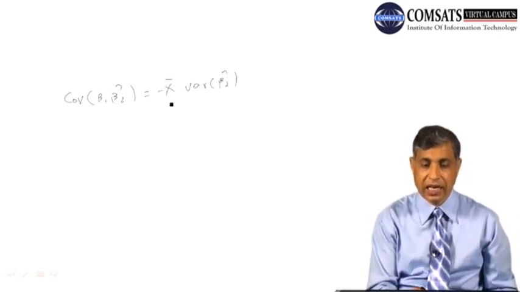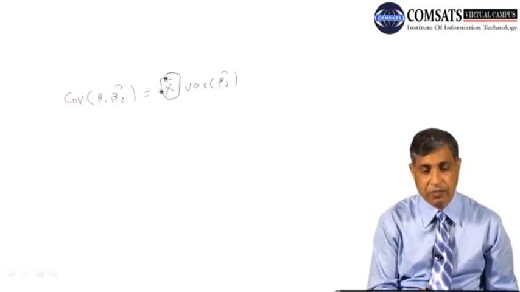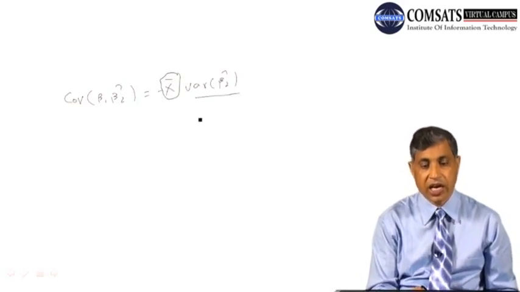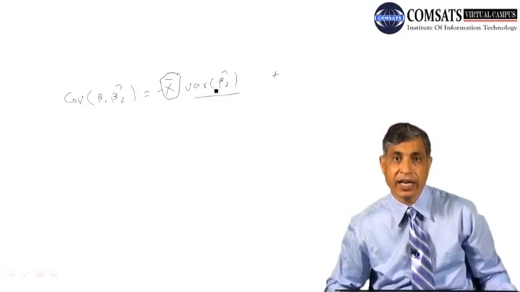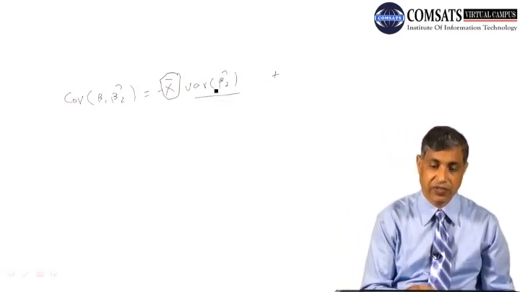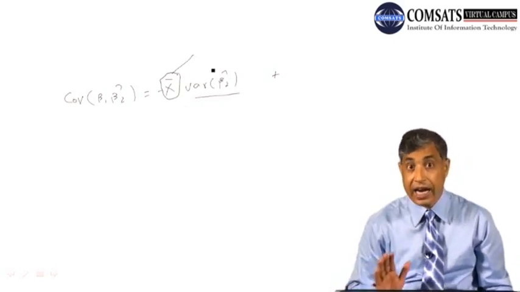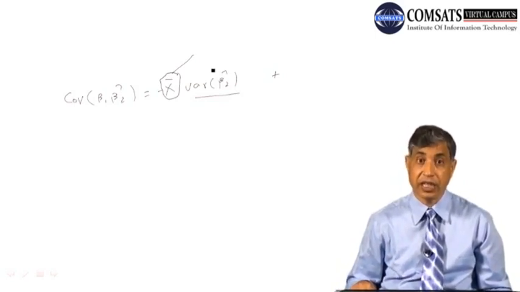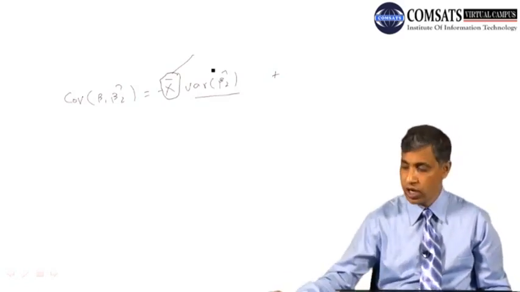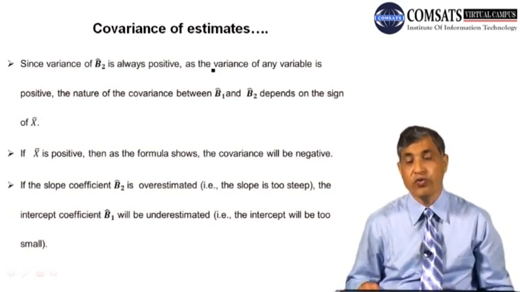Now everything depends on x bar, because there is a minus sign and this is the variance of beta 2. If the sign of x bar is positive, the covariance between beta 1 and beta 2 will become negative, because if x bar is positive, the whole term will be negative. This means that as the variance of beta 1 increases, the variance of beta 2 will decrease. So I can read it out from here: if x bar is positive, then as the formula shows, the covariance will be negative.